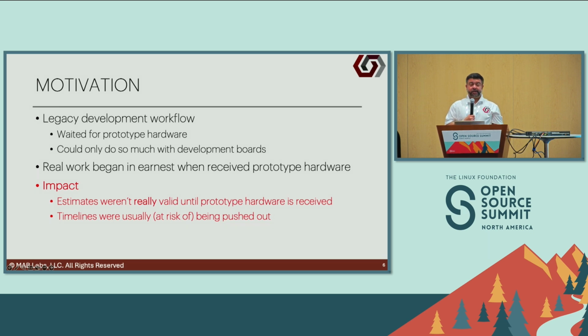So really, in my experience, the legacy development workflow not only pushes out the work that you're doing, but it also encourages laziness, right? Your estimates, you don't really think about the things that you're estimating for your management team about the embedded software, because hey, hardware isn't even here yet.